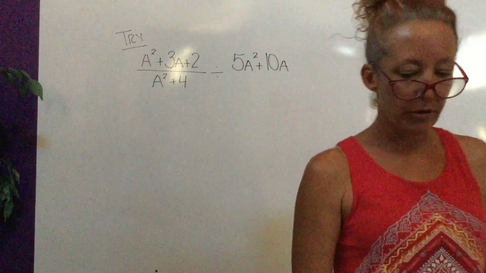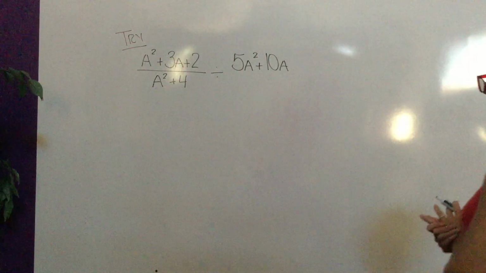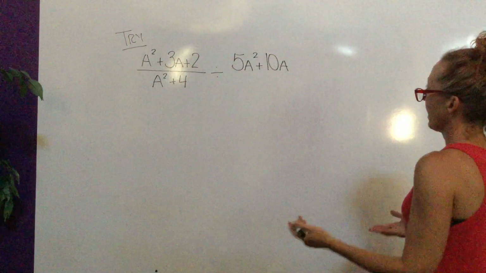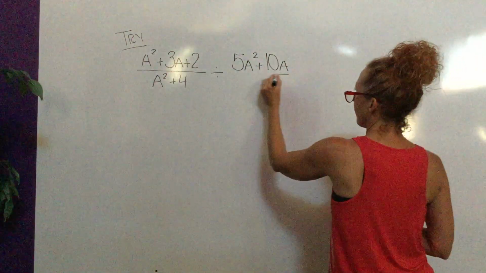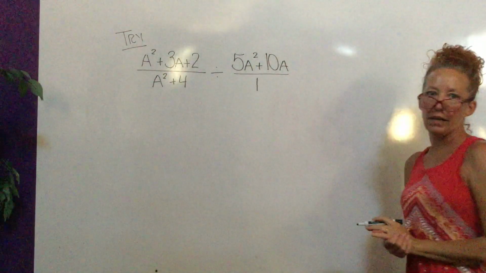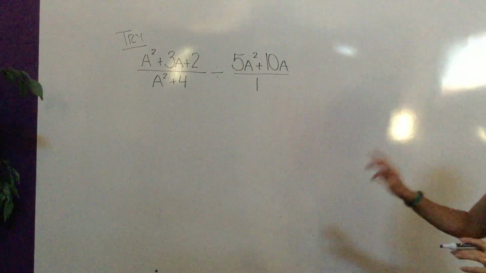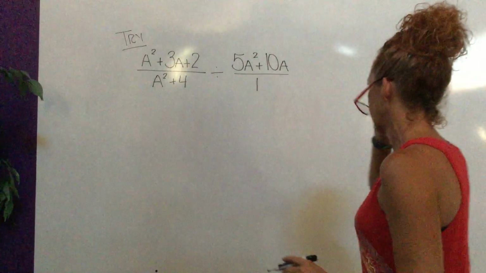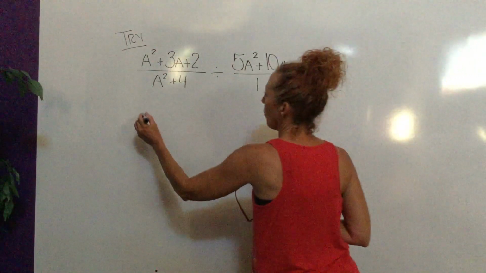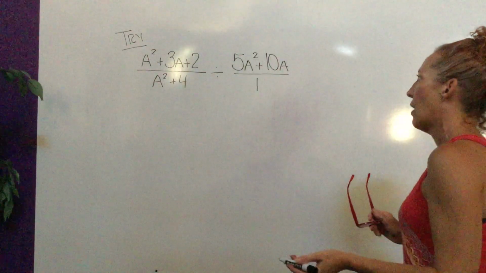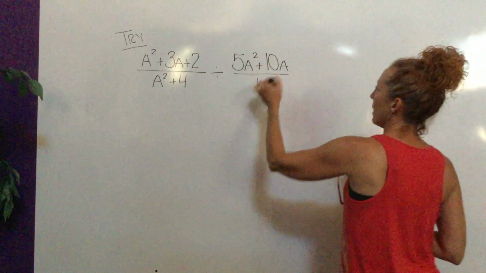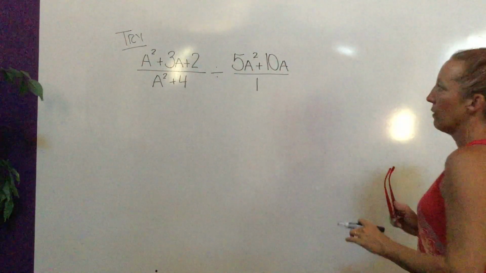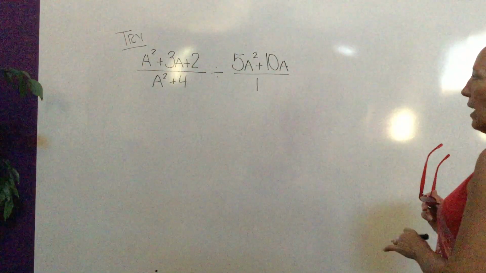So let's say you approach a problem that looks like that. Well, once again, this isn't written as a fraction, but you can write it as a fraction. And so then when you write the reciprocal and change this to a multiplication sign, the 1 simply ends up on top. So this is going to become 1 over 5a squared plus 10a.